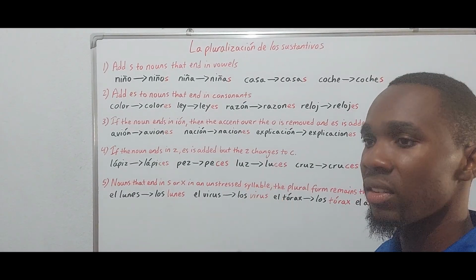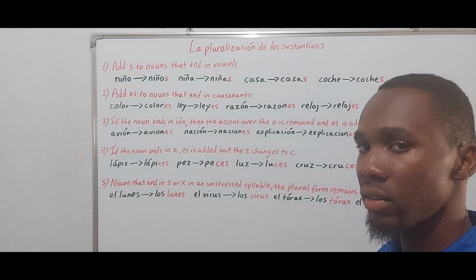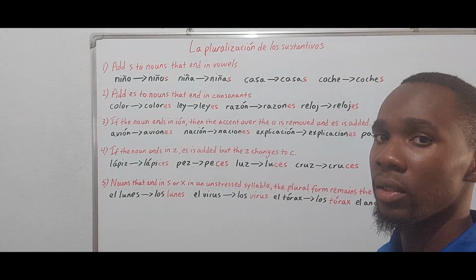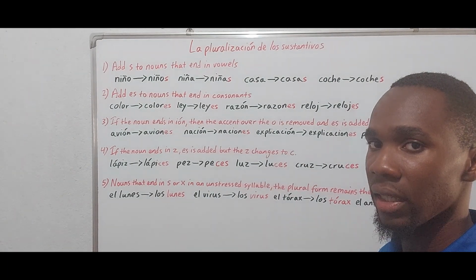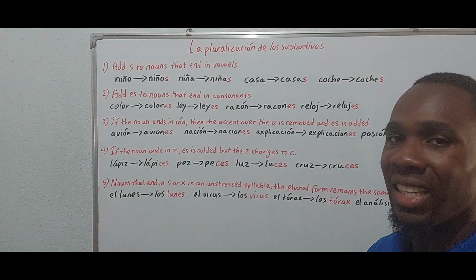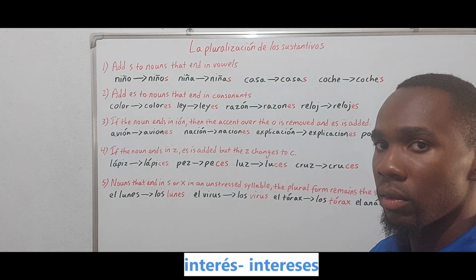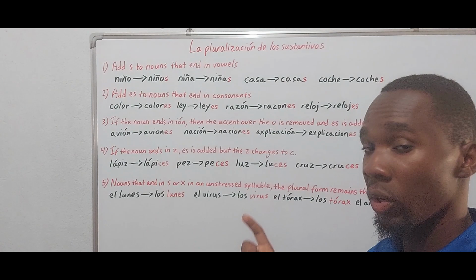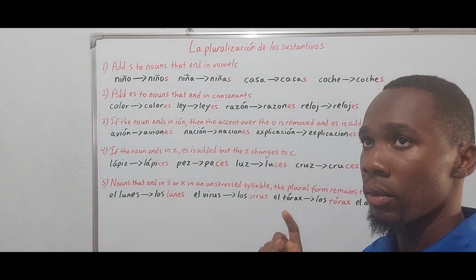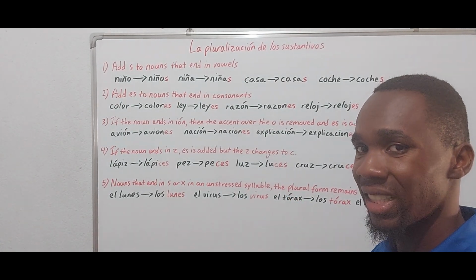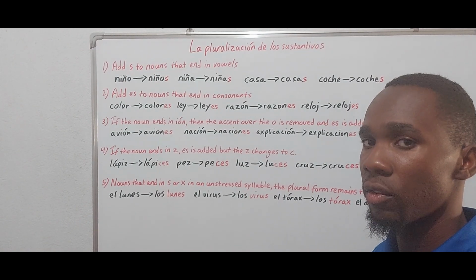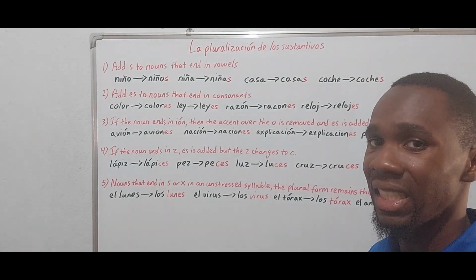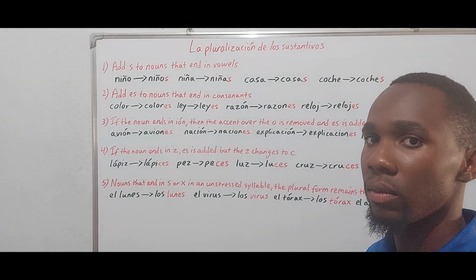Now, if we have a noun that ends in S, but it is part of a stressed syllable, then we add es to that ending. For example, interés, interest. We say intereses because we have a tilde on the last e of interés. Therefore, we form the plural by adding es, intereses, and we remove the accent, of course.